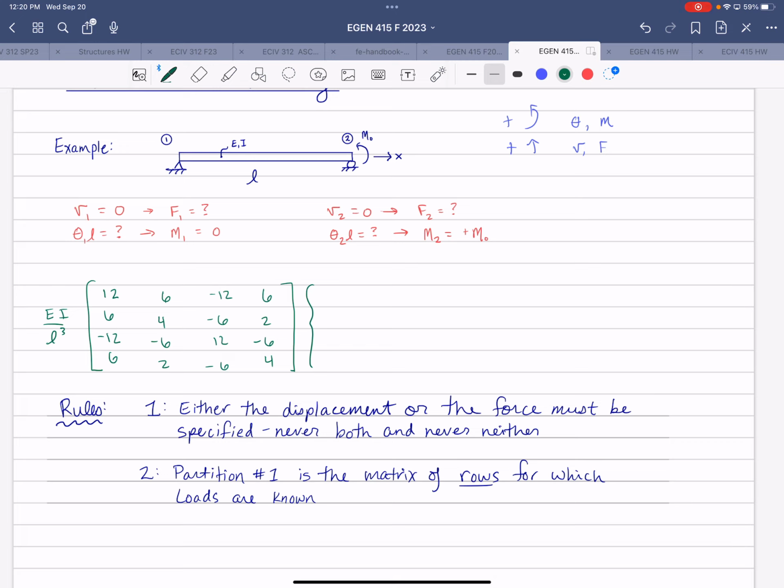This will be multiplied by V1, which we have just identified as being equal to 0. Theta 1L. V2, which we know is 0 in this problem. And theta 2L.